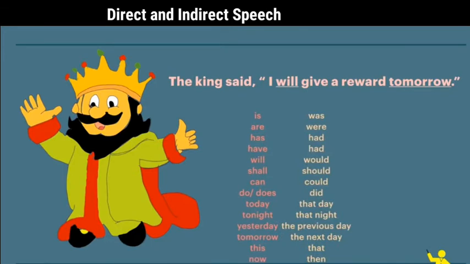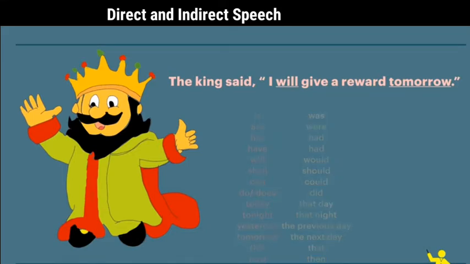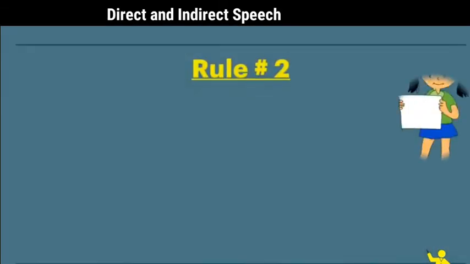Let us first check the words "will" and "tomorrow". Here, "will" becomes "would" and "tomorrow" becomes "next day". So you have to change these words into the past form.